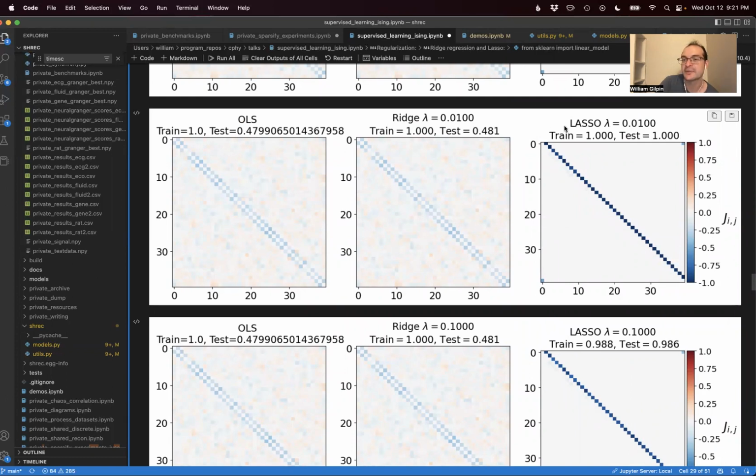So without knowing what the matrix should look like, I can guess that the best choice of my hyperparameter lambda is the one that maximizes my accuracy on data that the model was not trained on. So on the held out data, I want to maximize my accuracy. I do that by checking a bunch of parameter values and picking the parameter value that maximizes my metric on data that the model hasn't seen before.